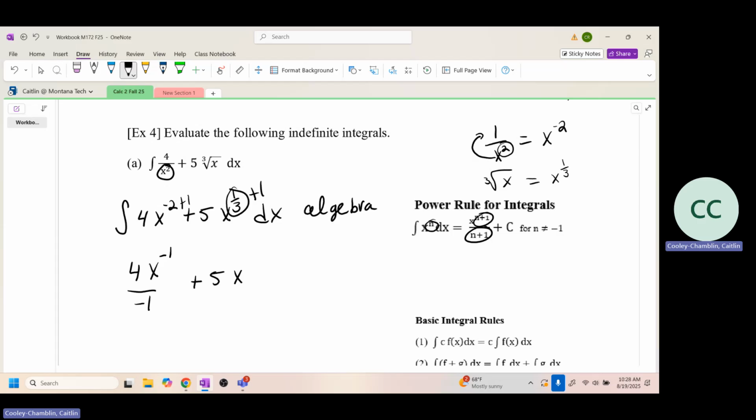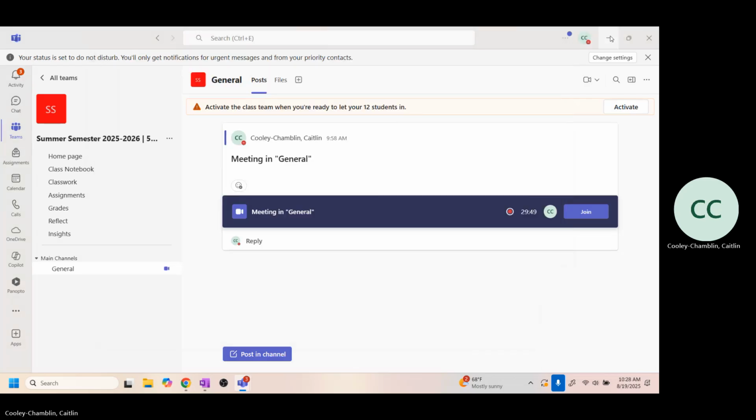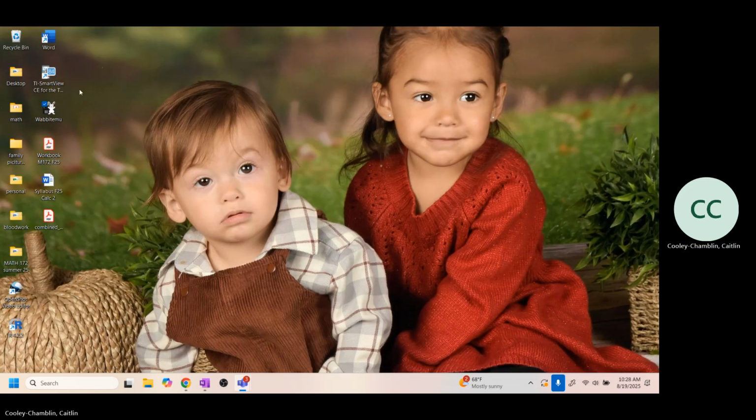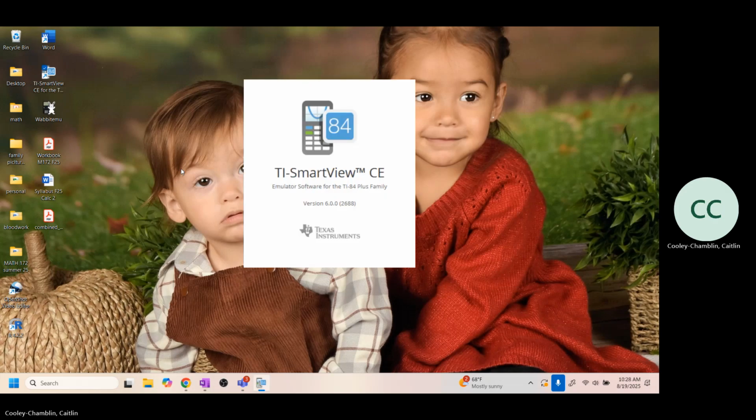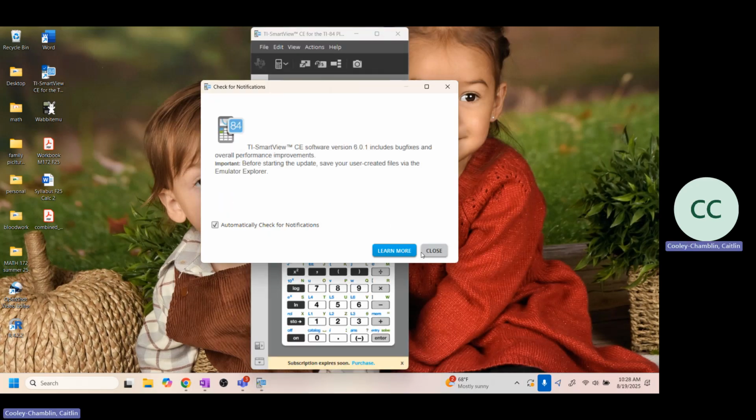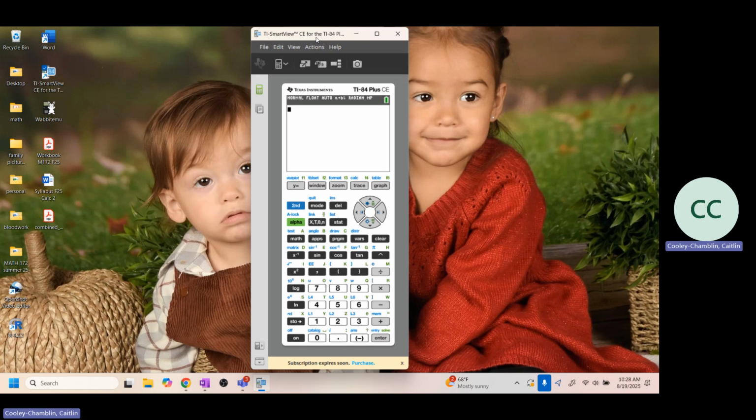I'm going to bring my calculator up. For my students, you will be able to use the TI-84.